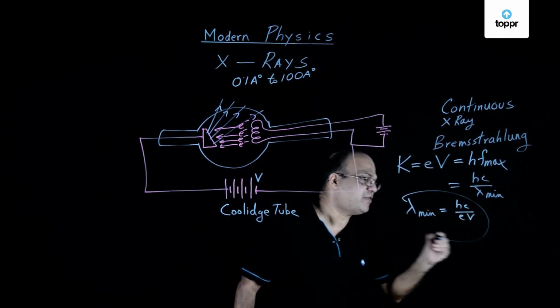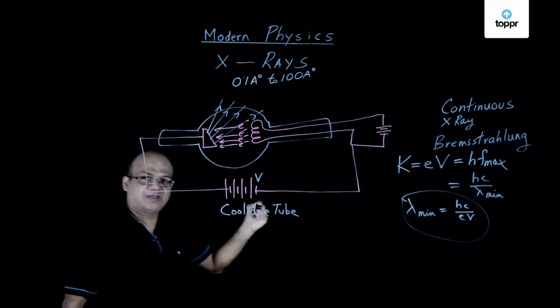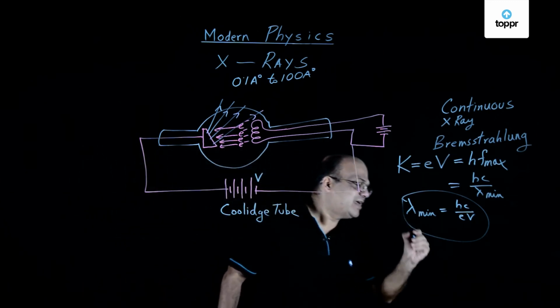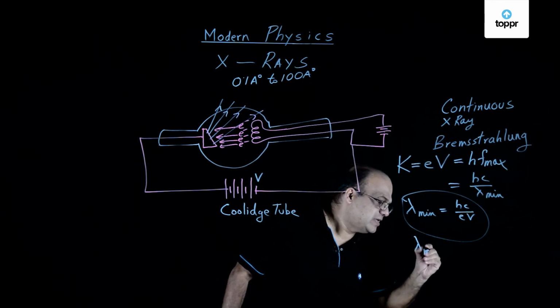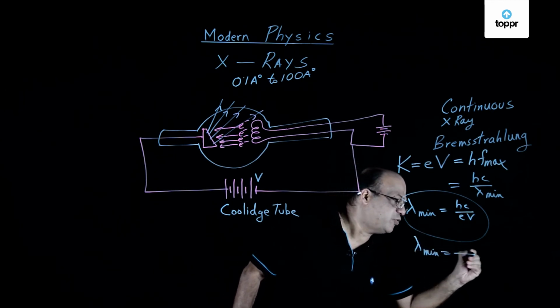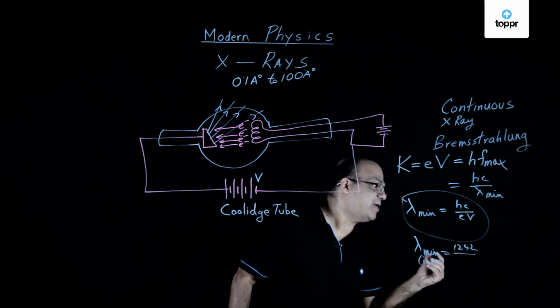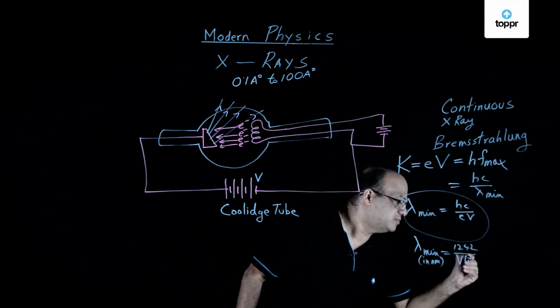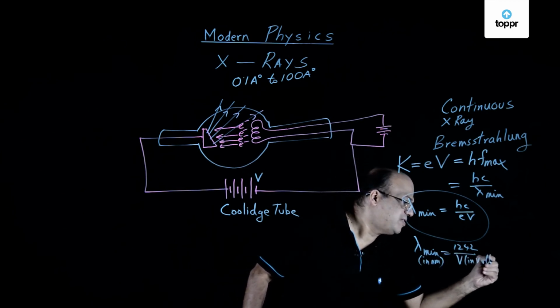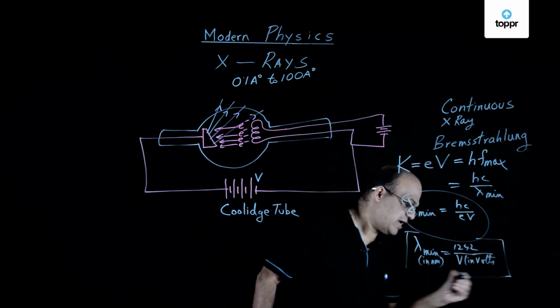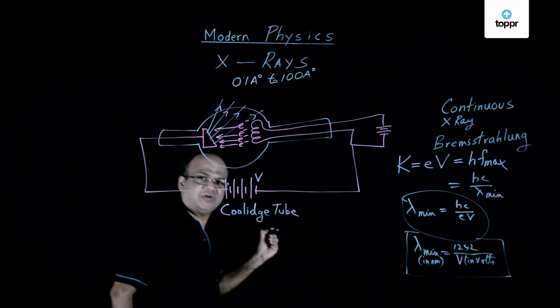This is the formula for lambda minimum. And this is also equal to lambda minimum is 1242, if you take lambda minimum in nanometer, divided by V in volts. So this is the formula for minimum wavelength of an X-ray photon.